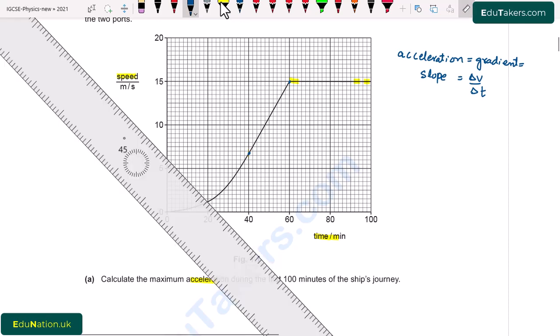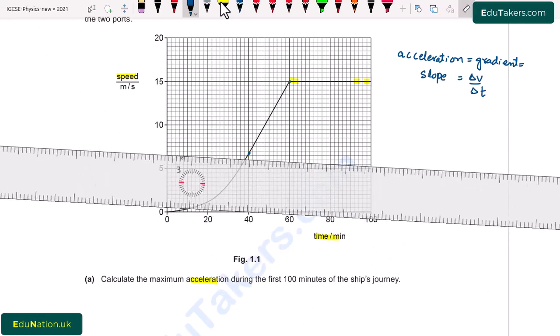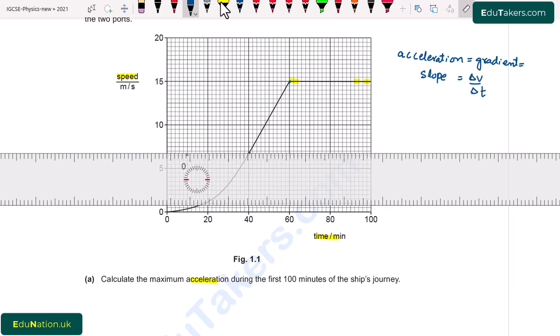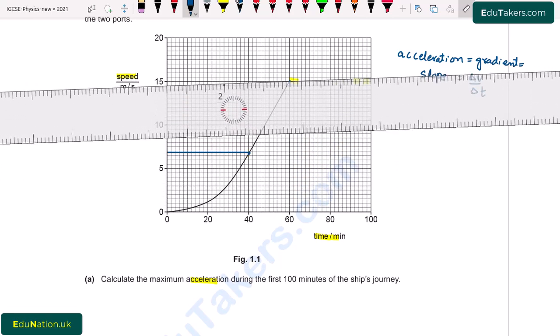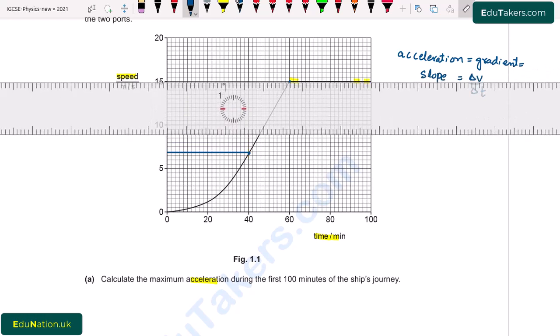When I draw, it will meet the y-axis at some point, and we have to find out its value. Similarly, 60 minutes meets the y-axis at some point.